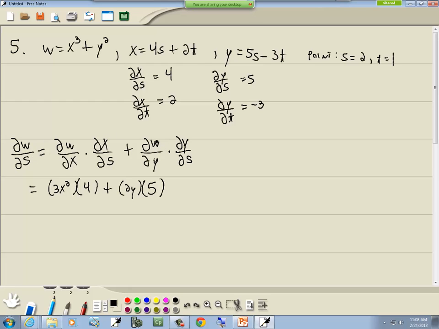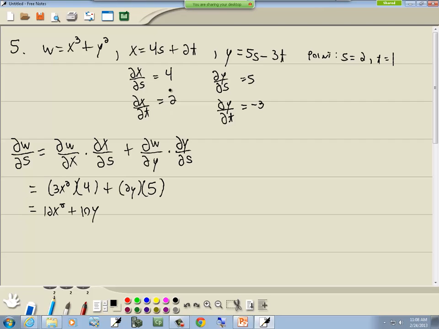You can think of it that way. This is partial w plus partial of w with respect to y, which would be 2y, times the partial y with respect to s. And again, if you cancel those, it should give you this. Partial y with respect to s is 5. Okay, that looks right now. So that gives us 12x squared plus 10y.